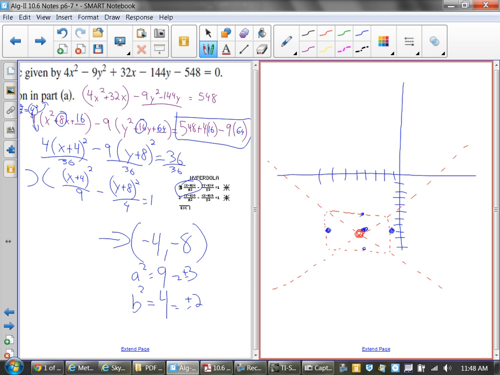In a hyperbola, was it a squared plus b squared, or is it a squared minus b squared? Good. So what is 9 plus 4? The decimal equivalent of the square root of 13 is a little bit more than 3. Okay, so if this much was 2, here's 3-ish. 1, 2, 3-ish. Basically, it's looking like this then. You agree?